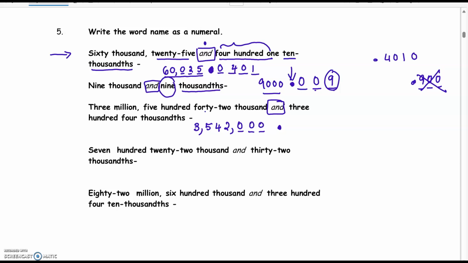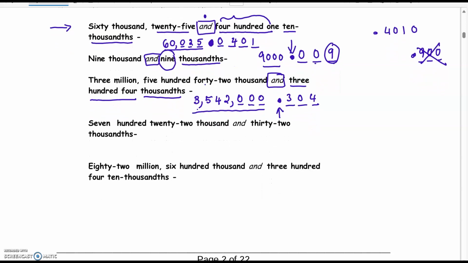When you read back, it has to read 3,542,000, and it's in the thousandths, so I know I have to fill 3 blanks, and the number has to read 304. So when you read back, it is 3,542,000 and 304 thousandths.